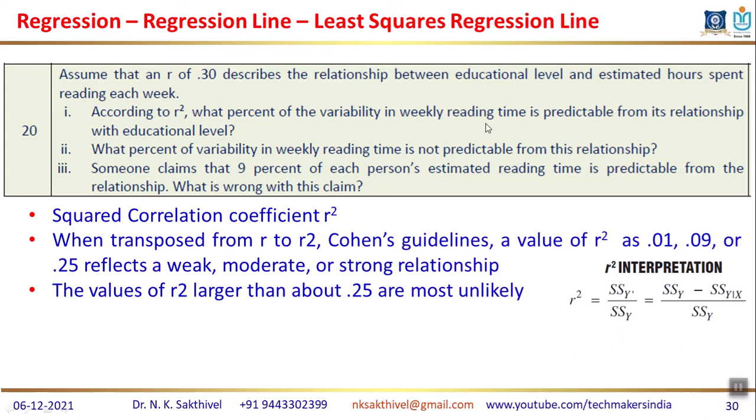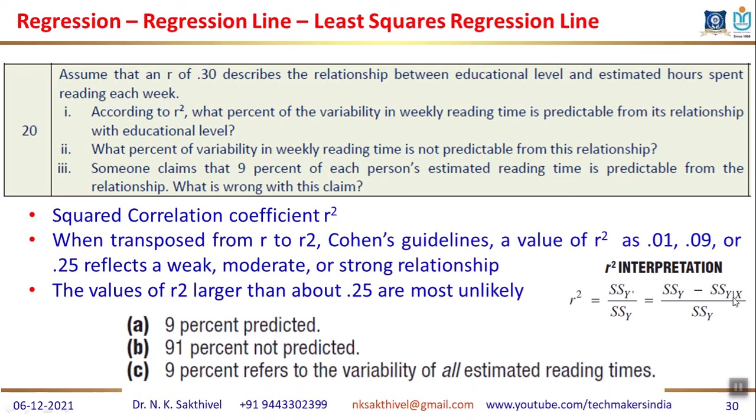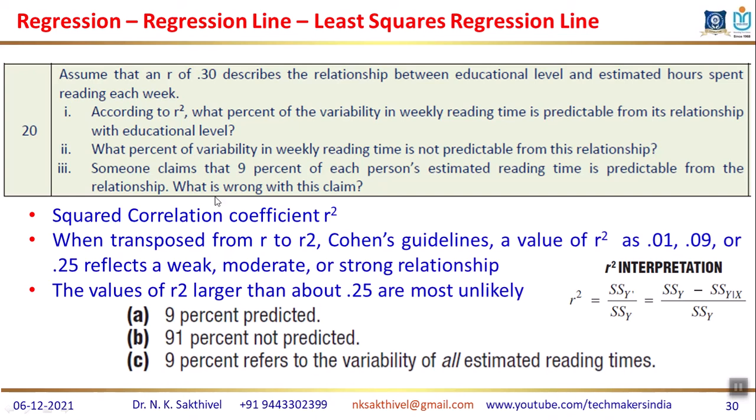Okay, that calculation, the R squared calculation, is also given. R squared is equal to SSY, that is the sum of squares of y, minus the sum of squares of error, divided by the sum of squares of y. This is called the error calculation, you know very well. You can calculate this. So, R squared: what percentage of variability in weekly reading time is predictable?